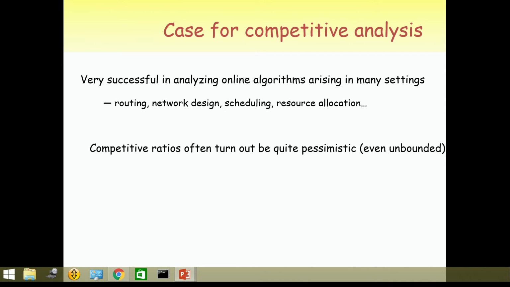But often it turns out to be quite pessimistic. So for example, in these settings, we see that sometimes you can be as far as log n times the optimum. Also, there are other extreme settings where the competitive ratio could even be unbounded. And in such cases, it is not clear how to proceed, because how do you compare two different algorithms, if the competitive ratio can be very large?